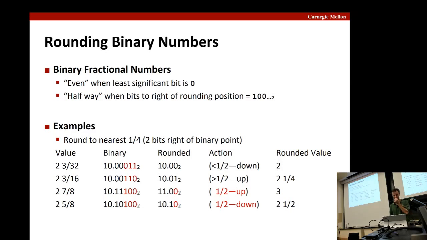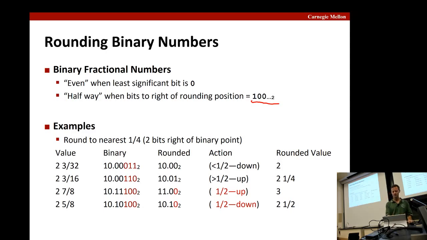All right, so with binary numbers, it's actually in some sense simpler, because there's only ones or zeros to consider. So what does halfway look like? Halfway is 1 followed by a bunch of zeros. So if we look at these numbers here, the digits in red are the part I'm considering when I'm deciding whether it's less than halfway, greater than halfway, and so forth.